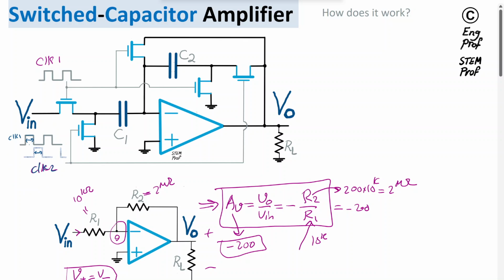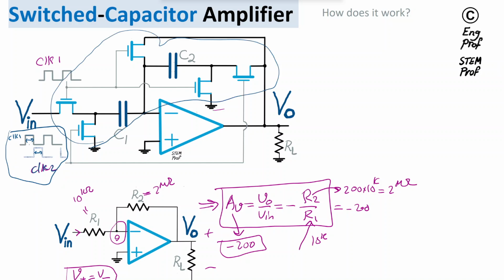But why do we have this relationship? The answer is this. So I'm going to show it here. The answer is here. When clock 1 is on in this circuit, clock 2 is off.